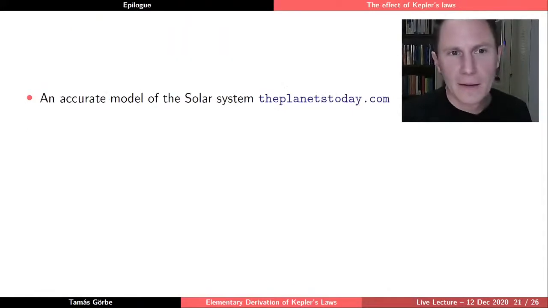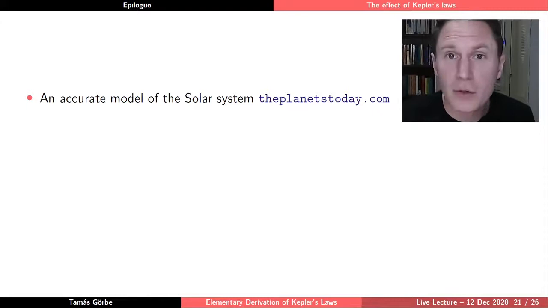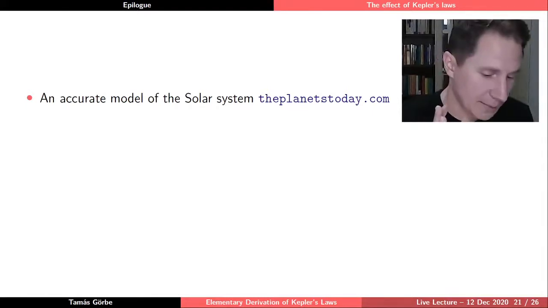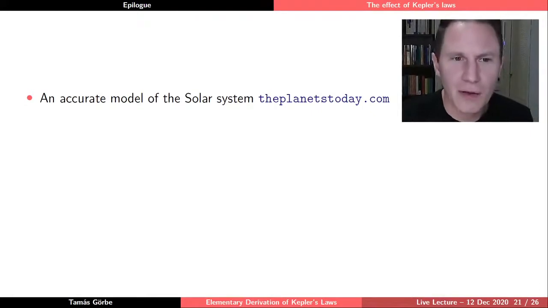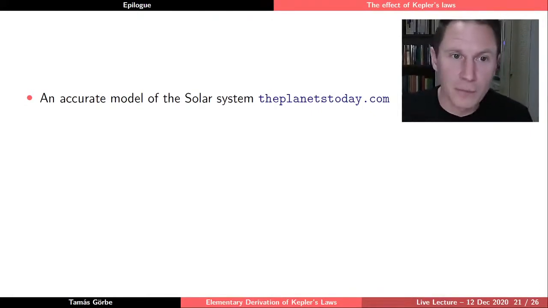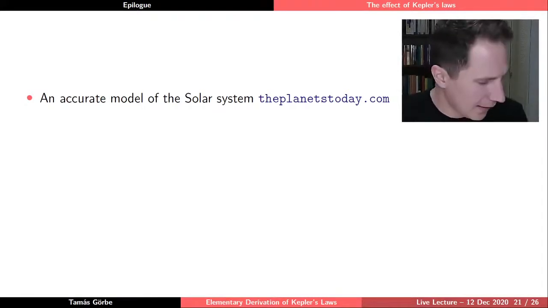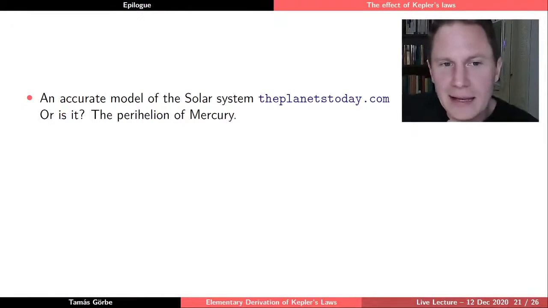Okay, so as epilogue, I would say that the effects of Kepler's laws are too many to count. Of course, it gave us an accurate model of the solar system, but not quite accurate. So that's the perihelion motion of Mercury I'm referring to.